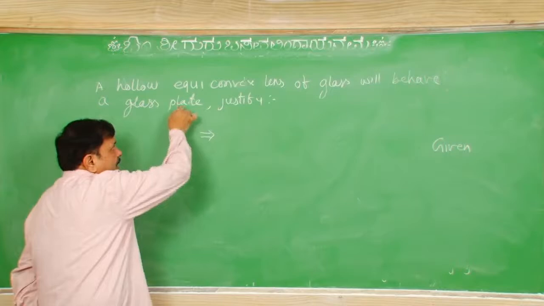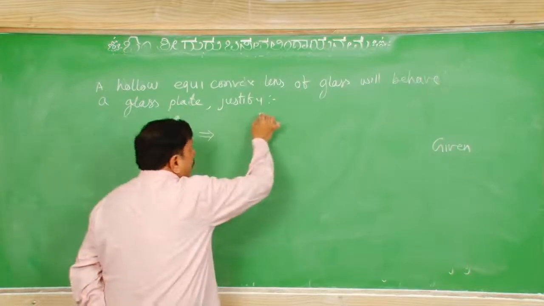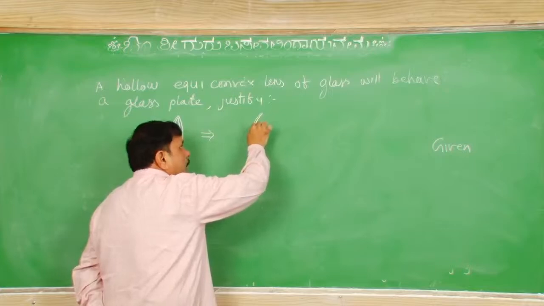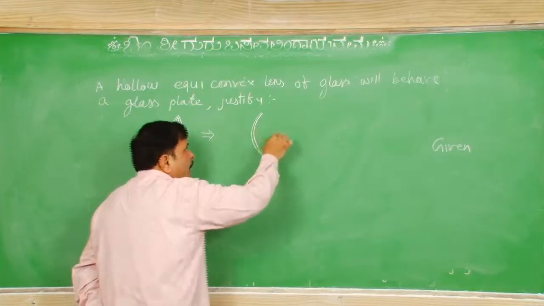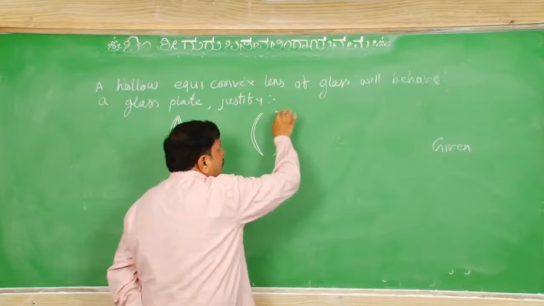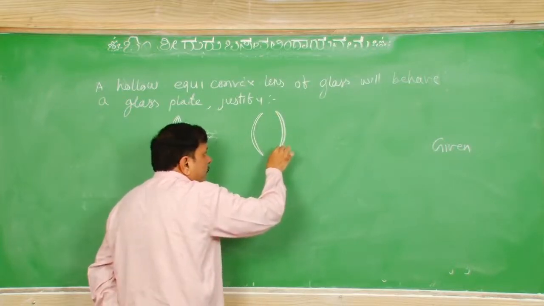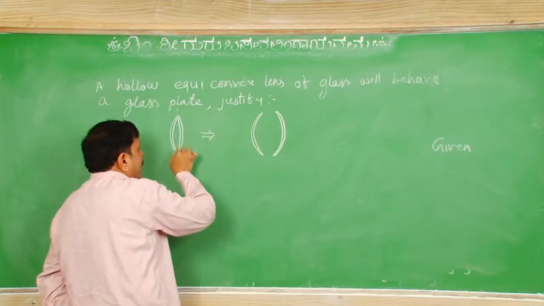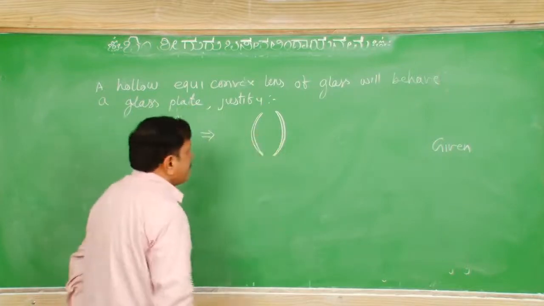If we cut it in this manner, we will have one lens of this type and another lens of this type. So when we cut like this, we will get it in this manner.